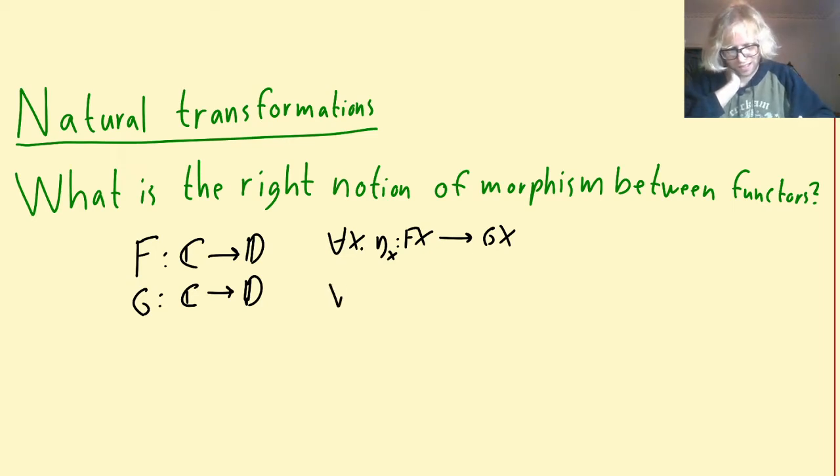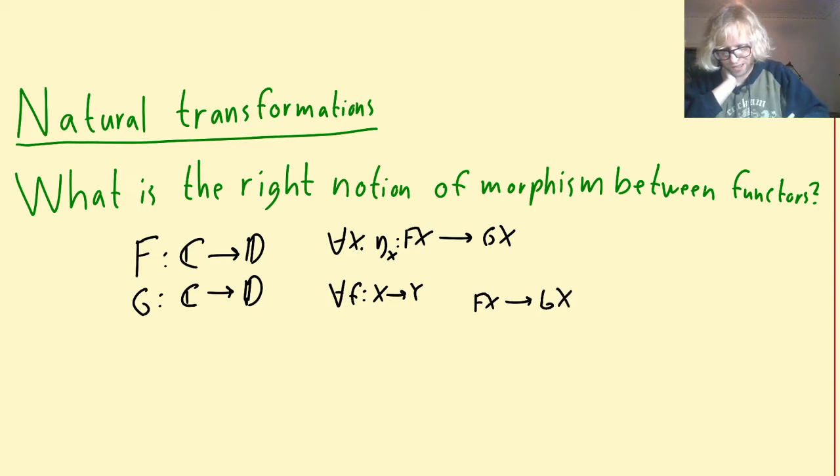So let's say that I have a morphism f from x to y. Then what can I do with this? Well, I certainly have eta x, which goes from fx to gx, and I have eta y, which goes from fy to gy.